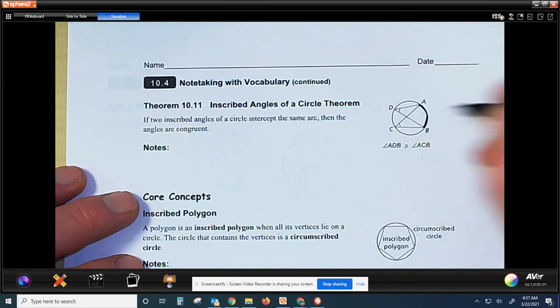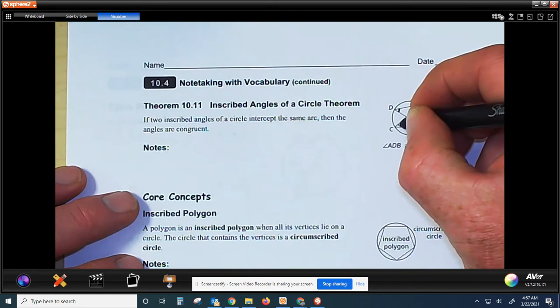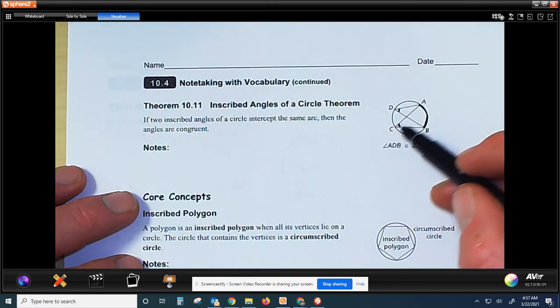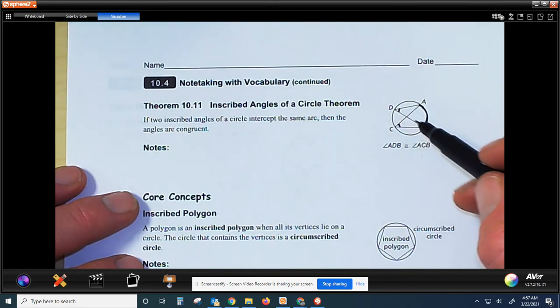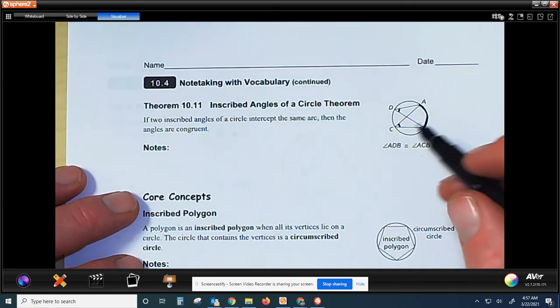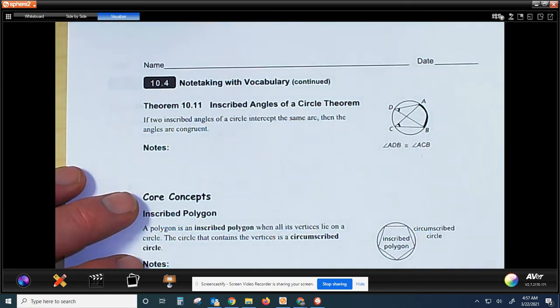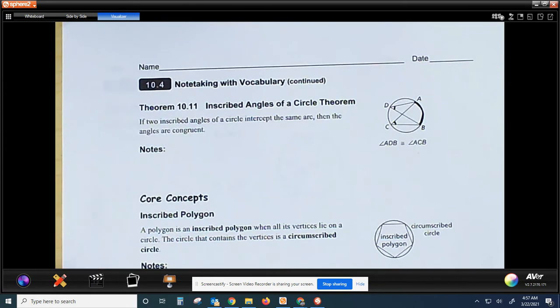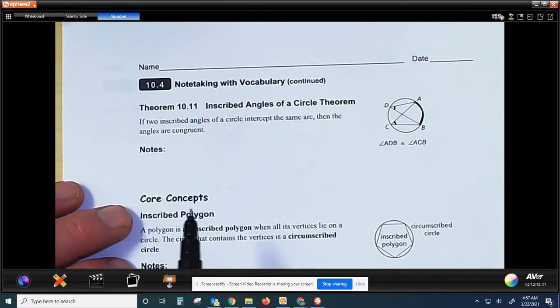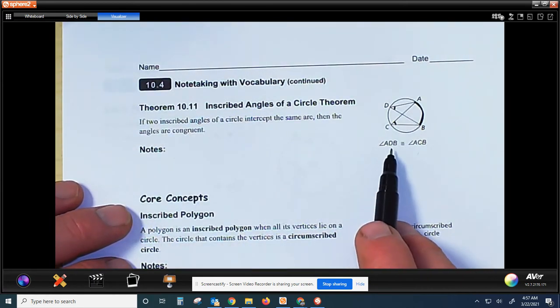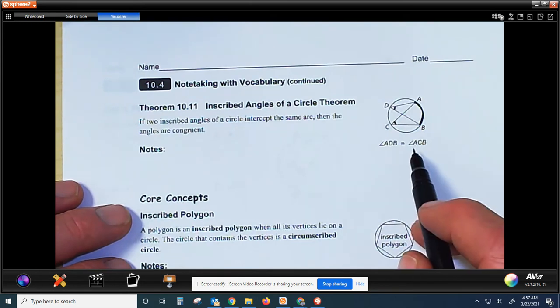And if they do, I'm just going to darken this. If these both project to the same arc across the circle, then the angles are congruent. Angle ADB is congruent to ACB.